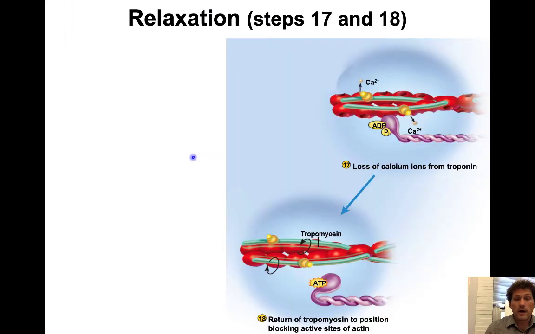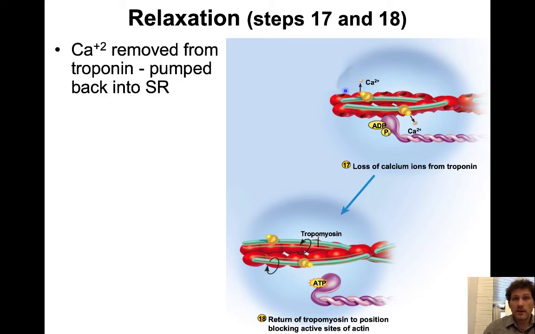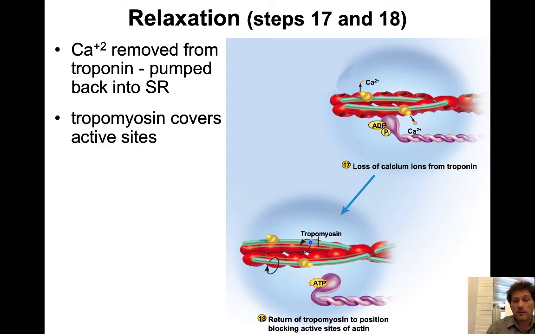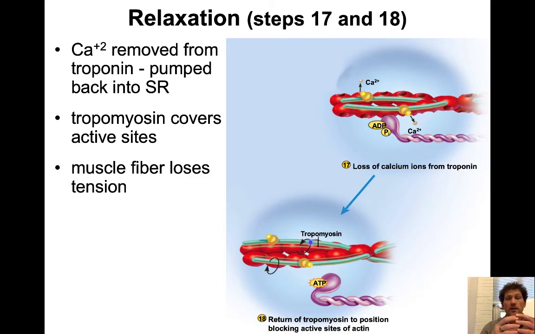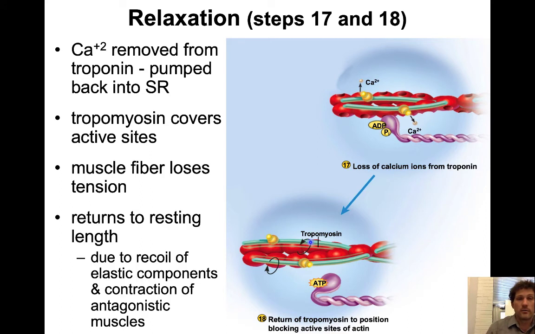And so when we are losing that calcium, there is no more key, and so we pull the key out of our lock of that troponin-tropomyosin complex, and that tropomyosin and troponin complex then cover up those binding sites, those active sites on those subunits, and those myosin heads can no longer bind to that actin, and that muscle then returns to its original length.